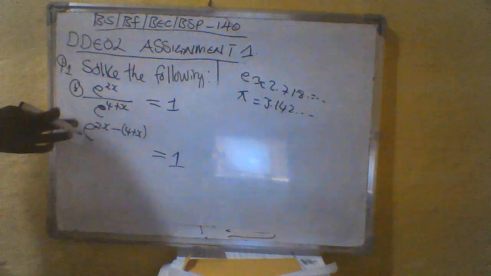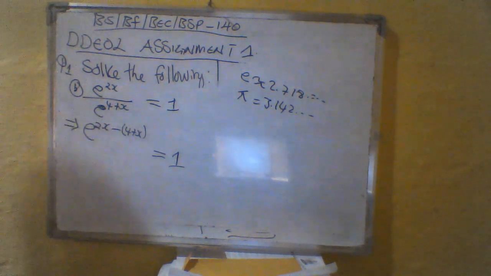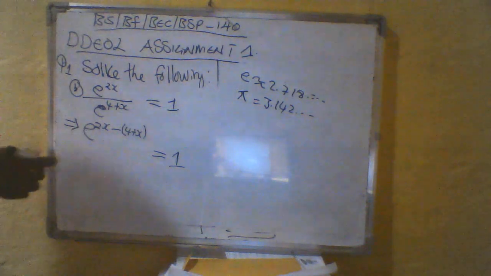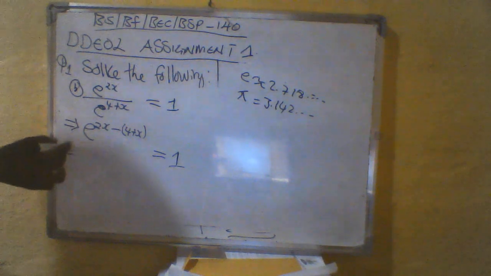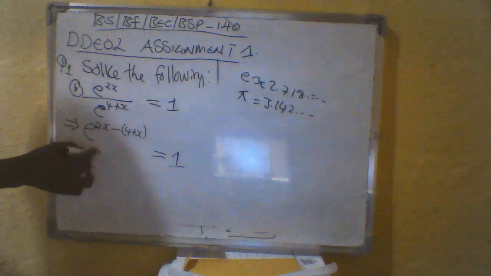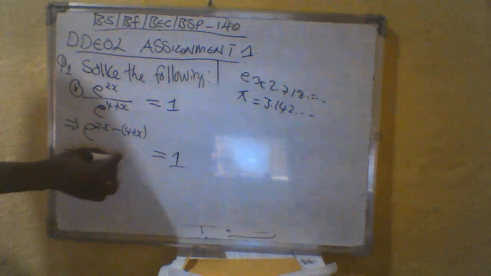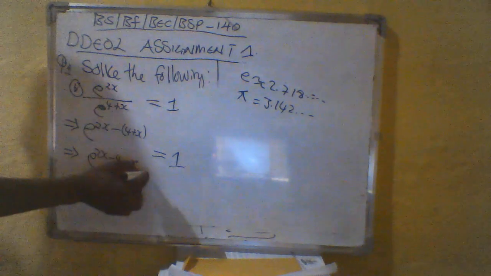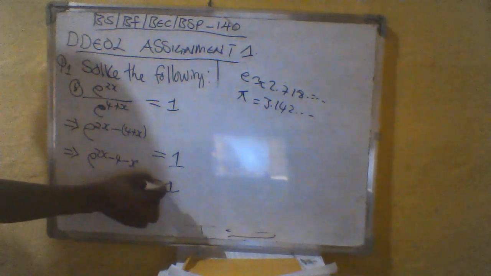So simplifying, I can use implies that, so that we can try to make things make sense. Simplifying my left hand side, this implies that I'm going to have 2x minus 4 minus x after breaking this negative inside the bracket. The right hand side is still maintained, equal to 1.